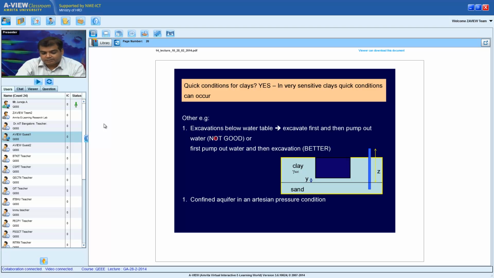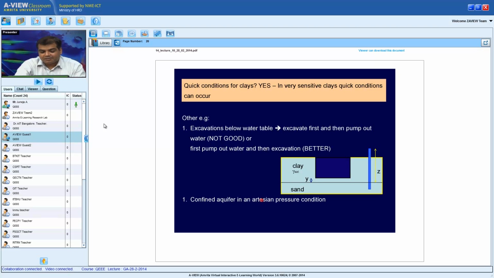Don't look at the bracket, because that is a hint, that is the answer. Ignore the answer, please. I would like you to go home and look at which is the better situation: do you excavate first and then pump out water, or first draw out water and then excavate? That's a home assignment. Do not look at the answer.